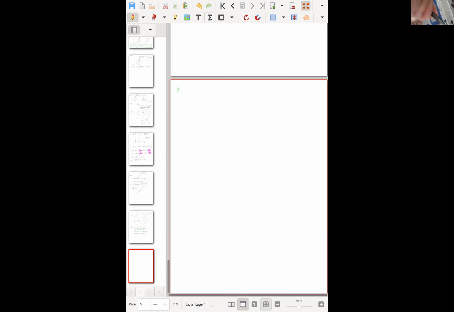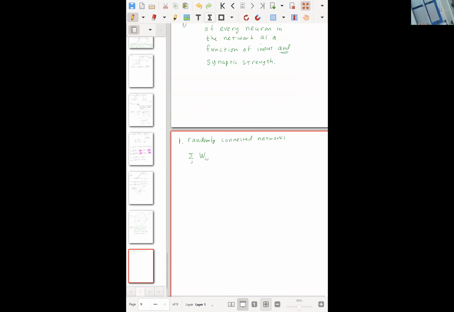The first approximation we made, we considered randomly connecting them. Randomly connected networks turned out to be kind of easy in a way. But before we do that, let's go back.